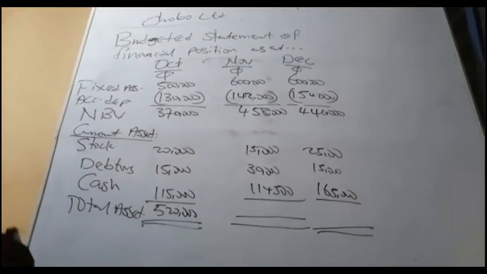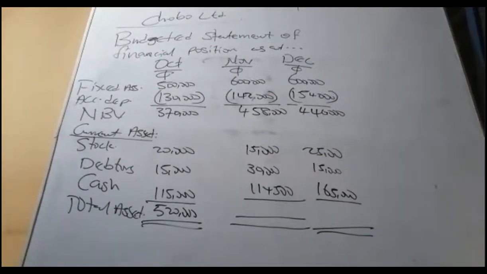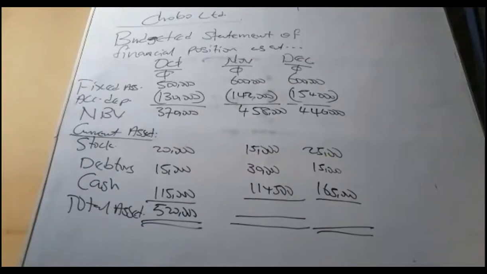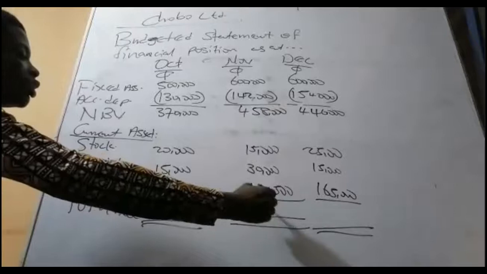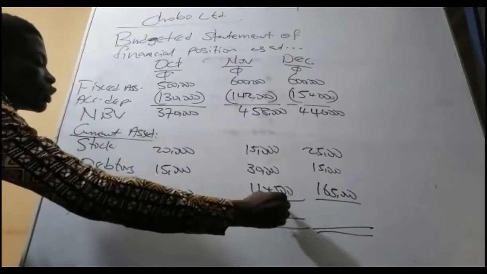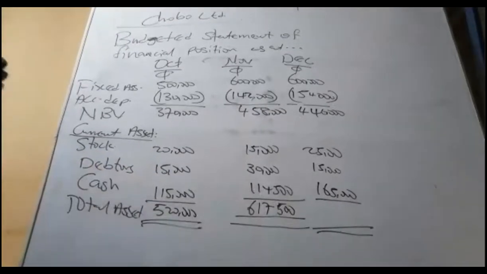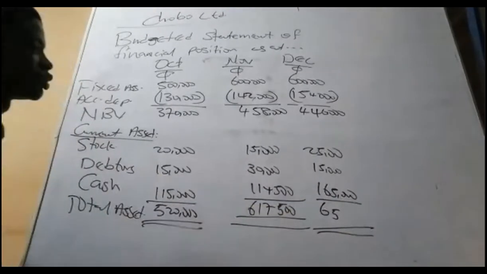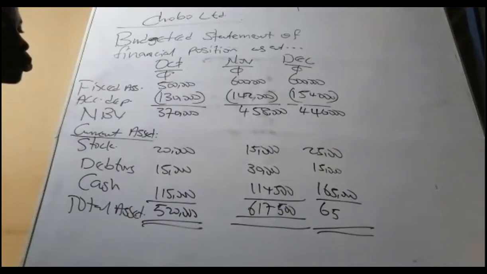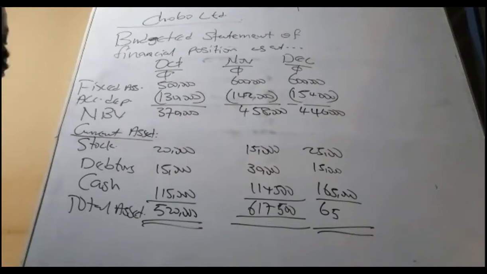Good. Okay, so 61,500. Then 65... 651, right?